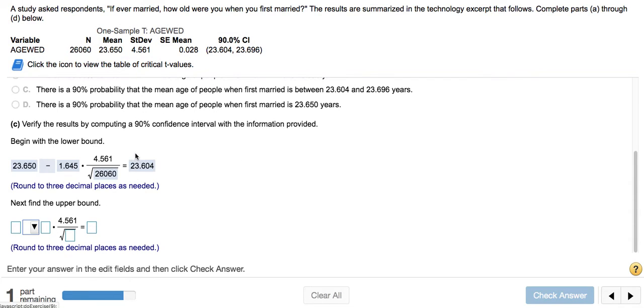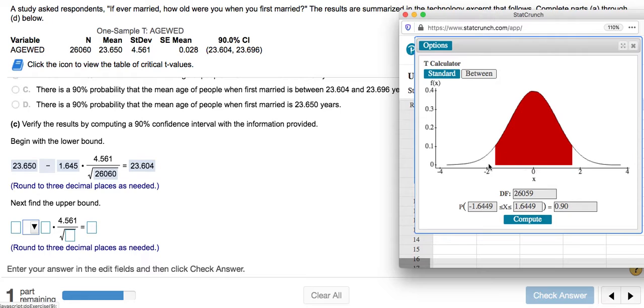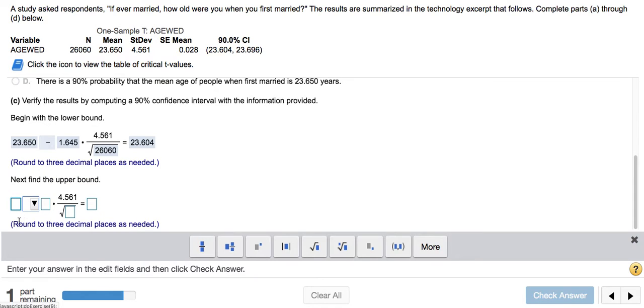And the upper bound is going to be analogous. The only difference is we're not going to subtract this number. Instead, we're going to add it. And what that is doing is it's telling you how far you go to the left and to the right, so you collect 90% of the data. So this will be 23.650. This time we'll add on the same critical value.